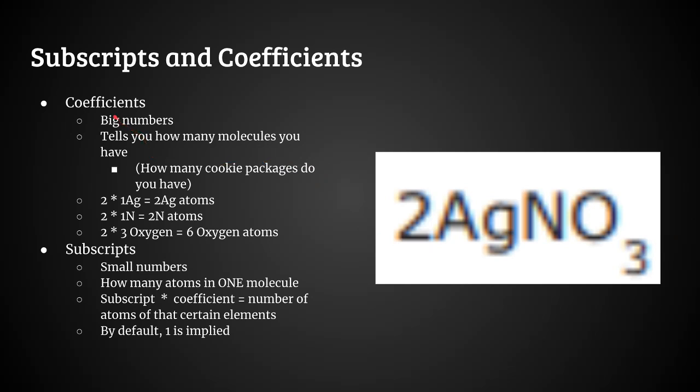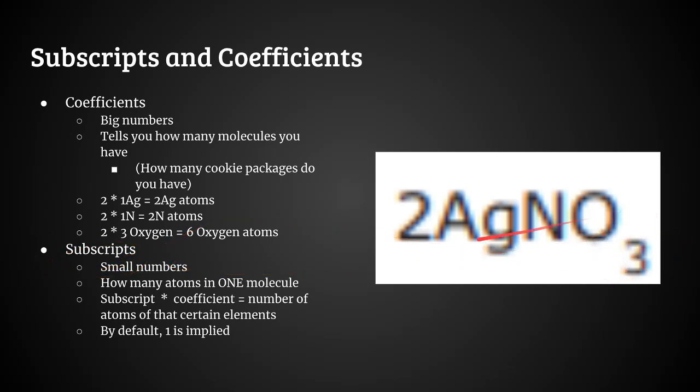I was tired. So coefficients, those are going to be our big numbers. Big numbers, coefficients. They tell you how many molecules there are, so like Miss Sylvia would say, how many cookie packages you have. We find here that by multiplying the 2 times the 1, I don't know what atom that is, Ag, you get 2 Ag atoms in this thing, and then 2 times your nitrogen, you get 2 nitrogen atoms. 2 times your 3, because down here we have a subscript, the small numbers.